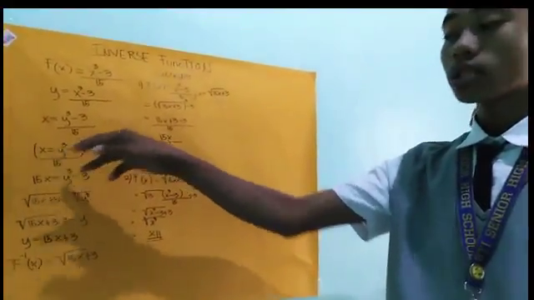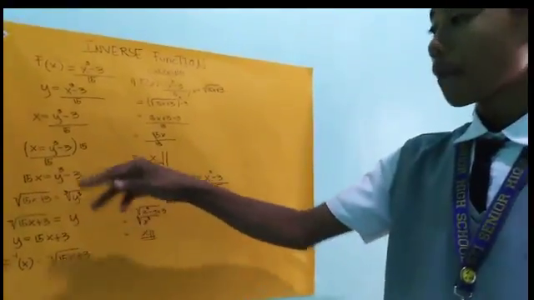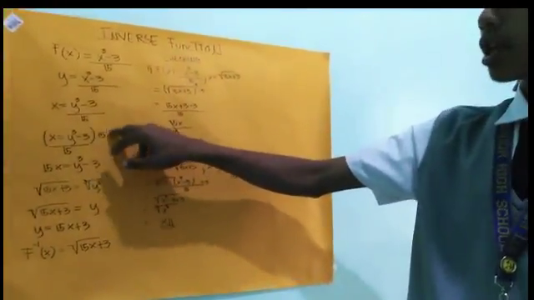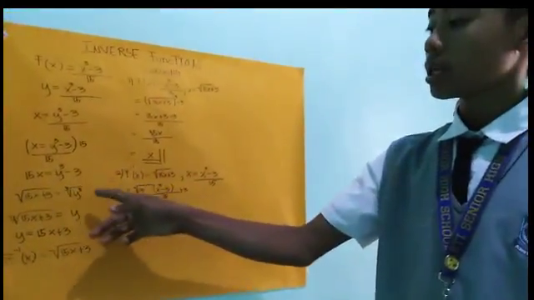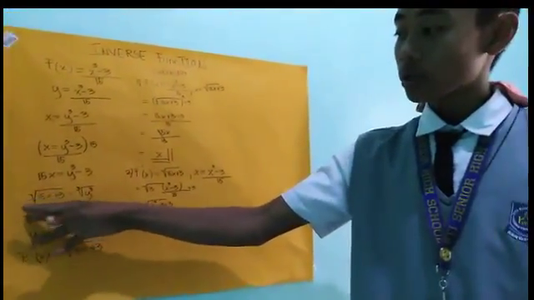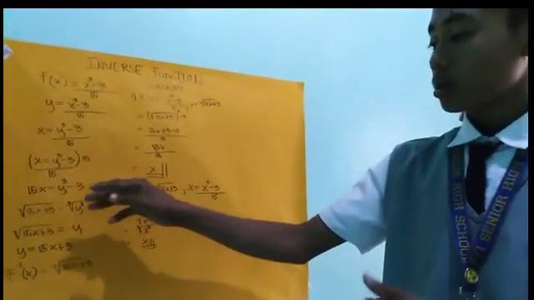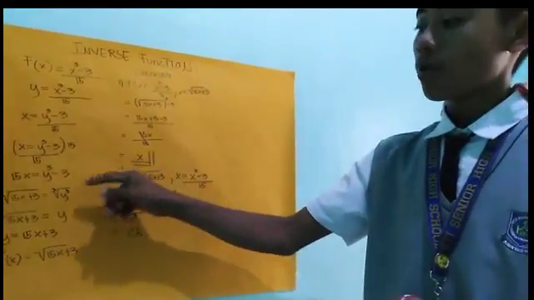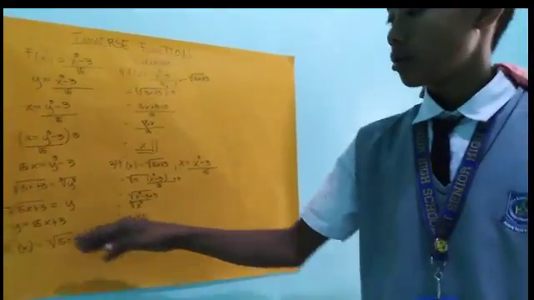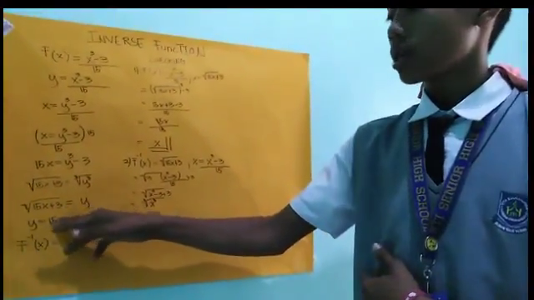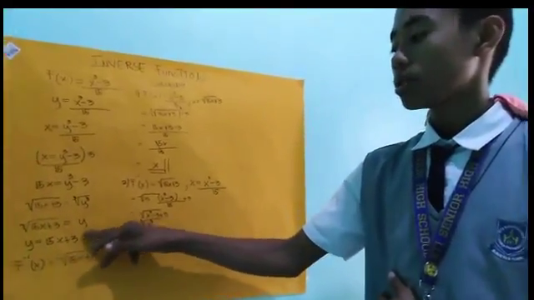Copy the denominator 15, so 15x equals y to the power of 3 minus 3. Take the cube root of 15x plus 3 equals the cube root of y to the power of 3. So the 3 cancels out, and the cube root of 15x plus 3 equals y.